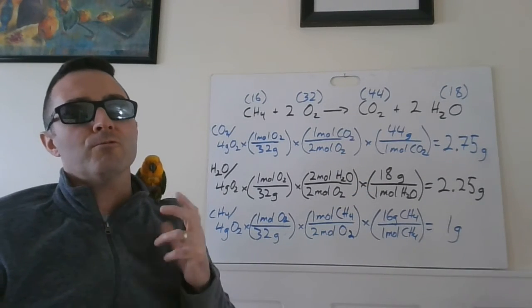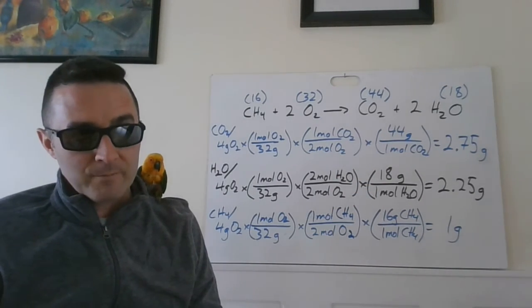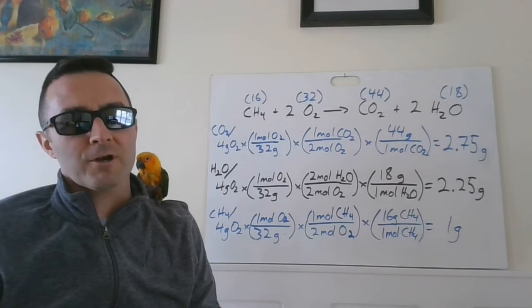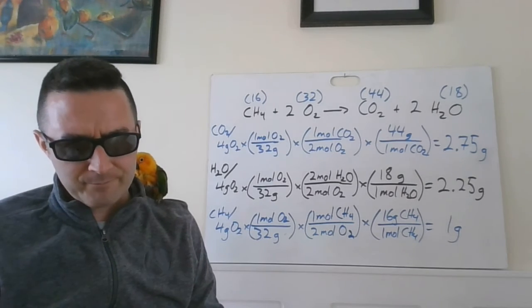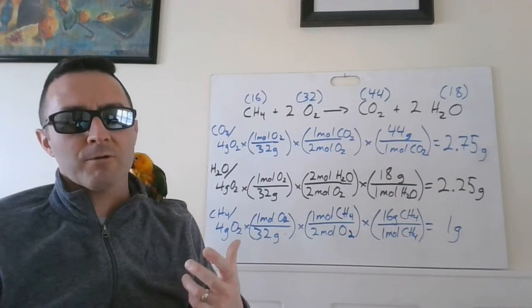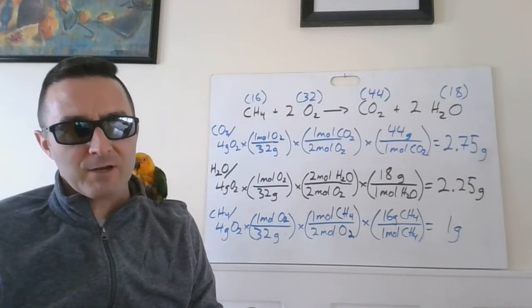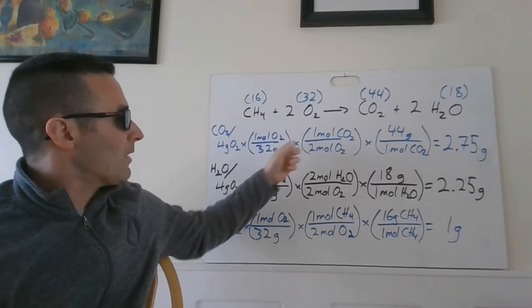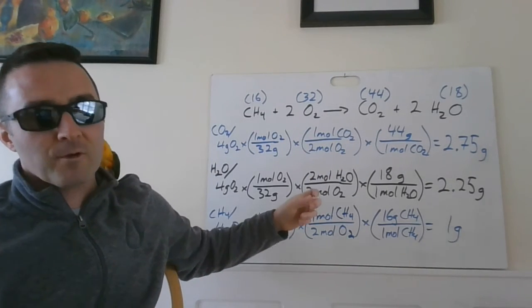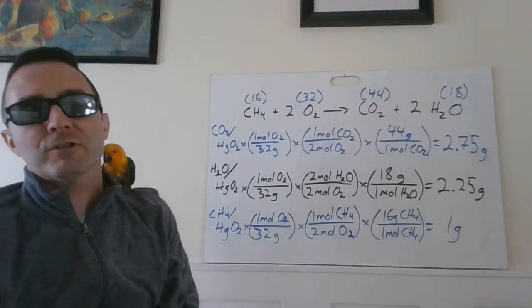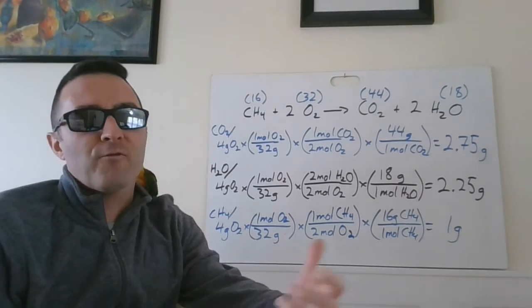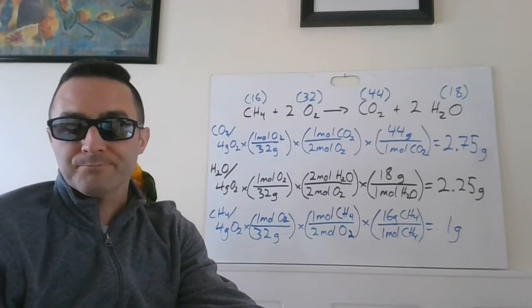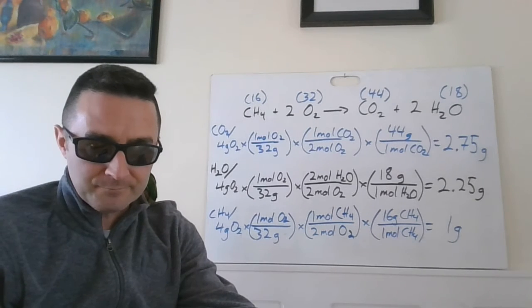And when you don't write your label, especially when you're just starting, you tend to make a mistake. It's easy because you get going so fast, you forget where you are. By writing, hey, it's grams per mole, you can actually catch mistakes before you make them. So, do the best you can.